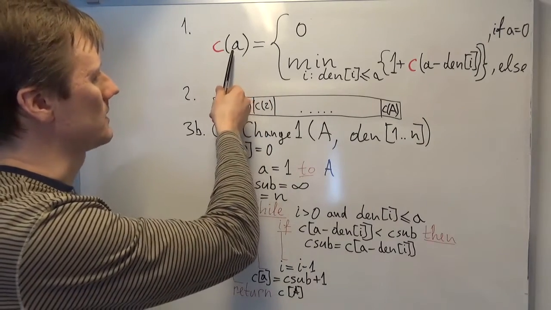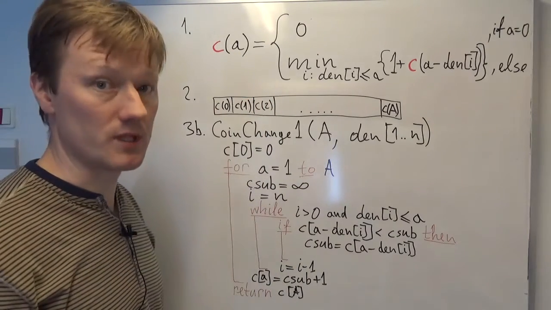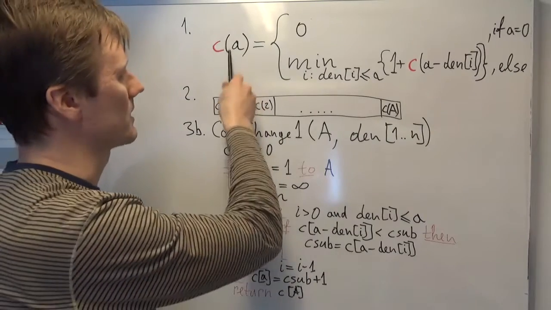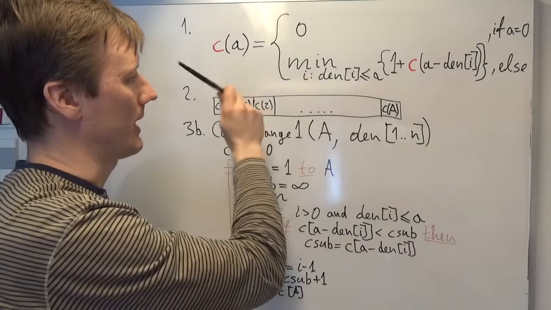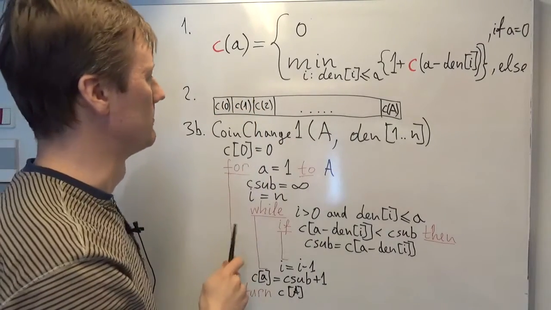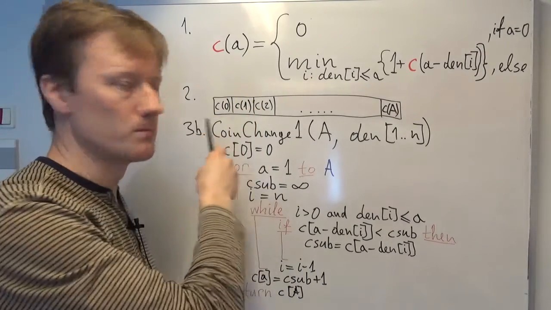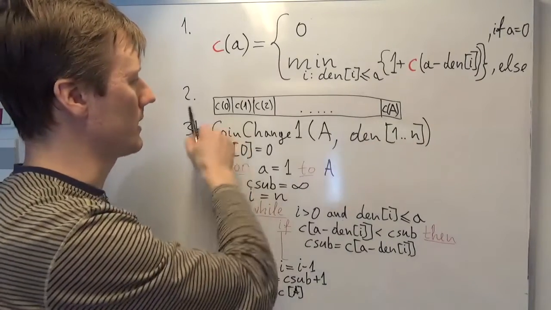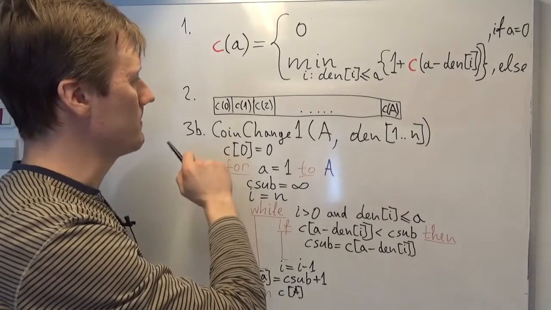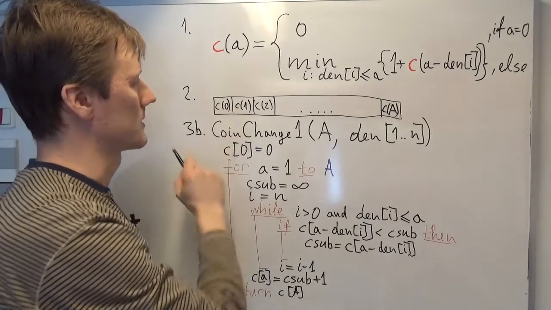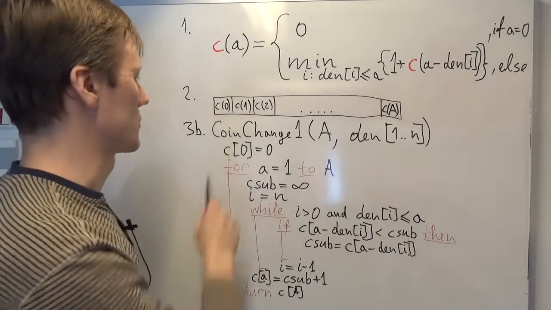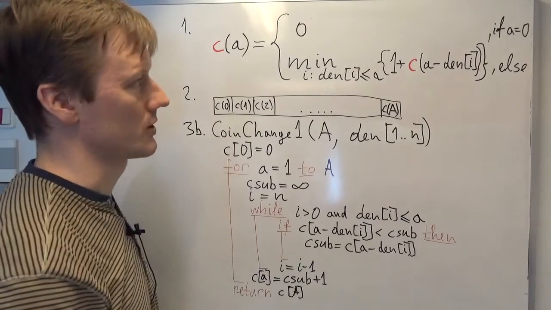In this case, the subproblem parameter is the amount that we need to change, and this can be anything from 0 to capital A, the parameter of the problem. So we create a one-dimensional array which stores capital A plus 1 subproblems. This one is a trivial subproblem of changing 0 krona.